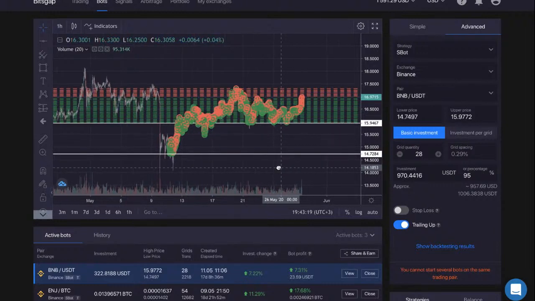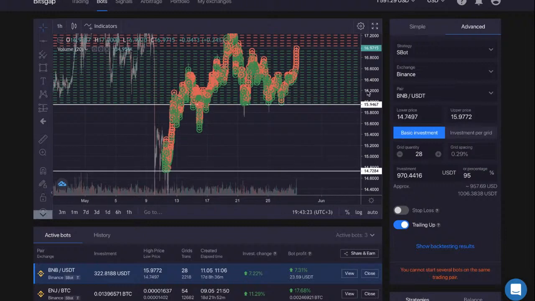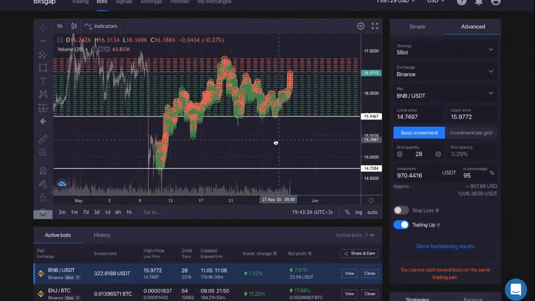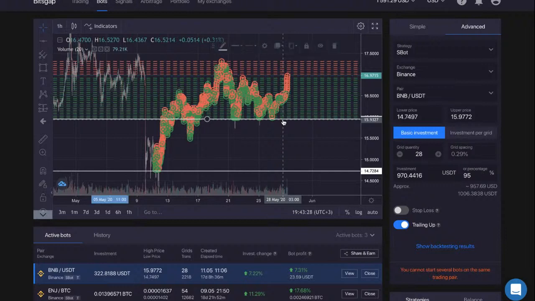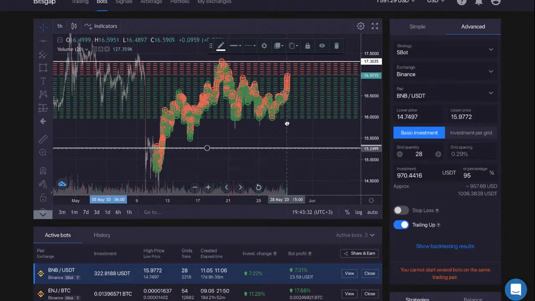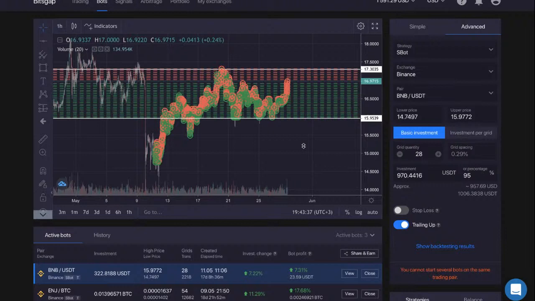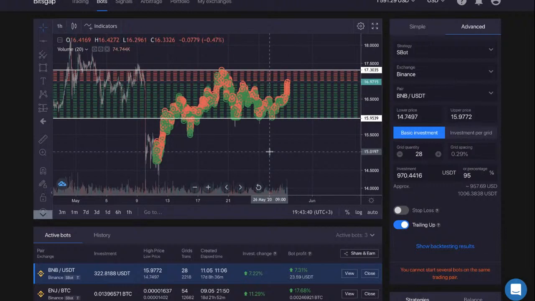And as I had my trading up function on, you see that my trading range has followed the price appreciation, and right now my trading range is right here. So using the trading up function, I'm always in the game.